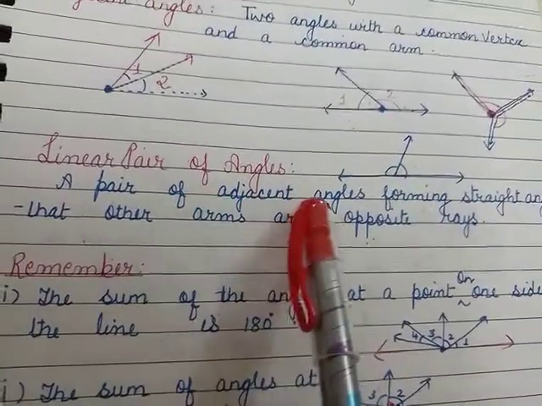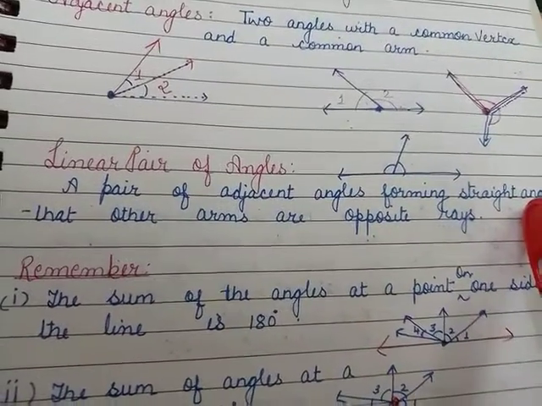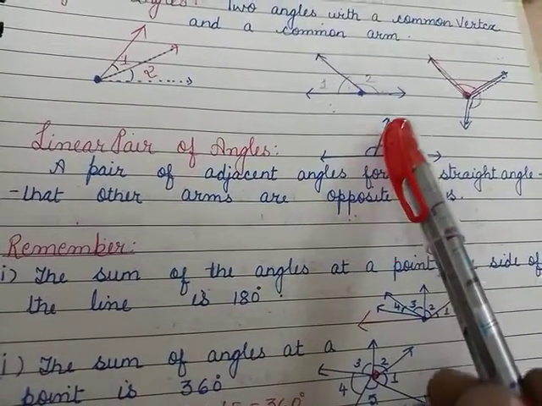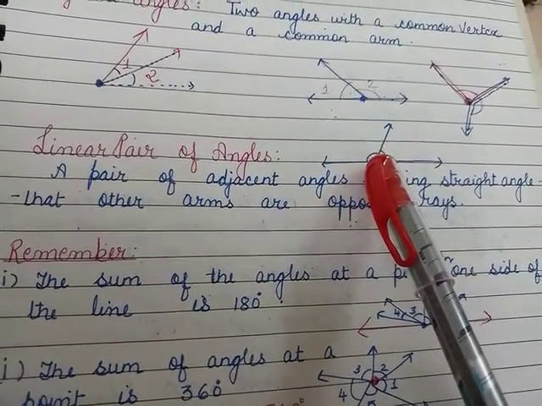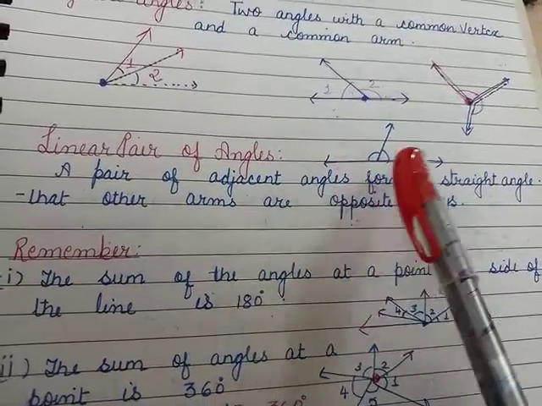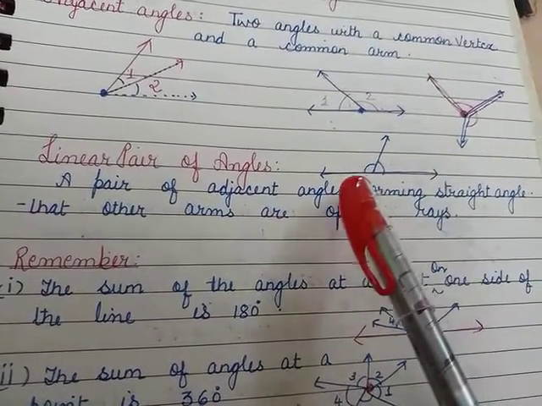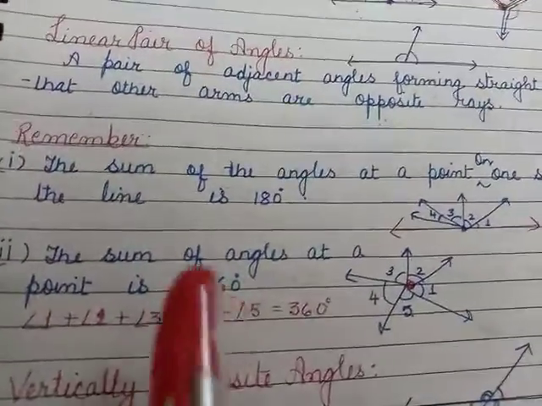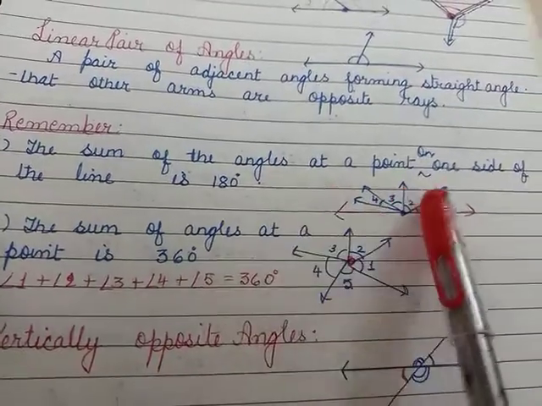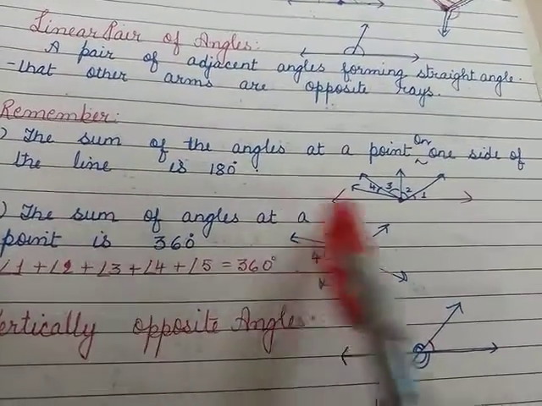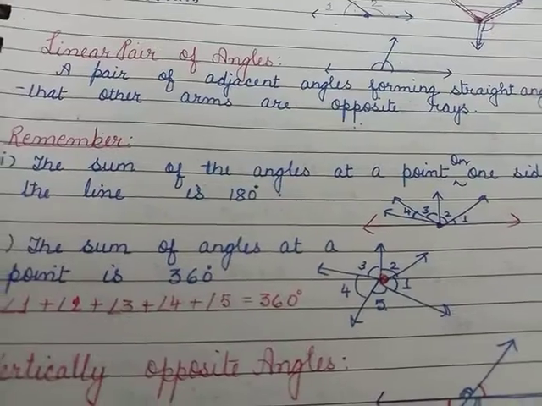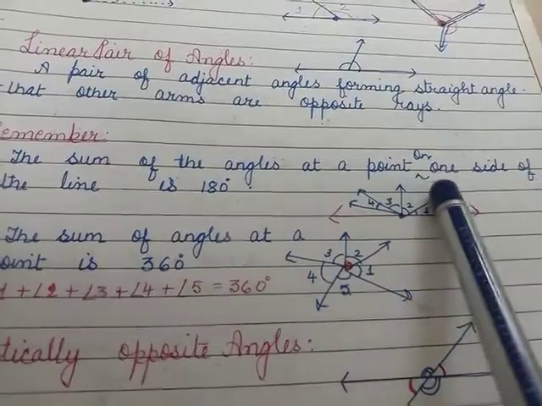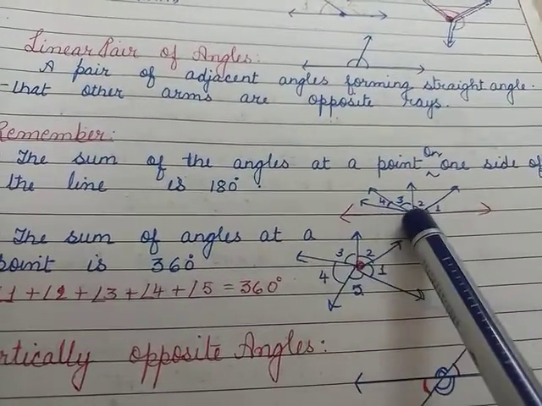A linear pair is a pair of adjacent angles forming a straight line such that the other arms are opposite rays. See, they have one arm in common and the other arm of both the angles is in the opposite direction, that is, opposite rays. Then remember, students, the sum of angles at a point on one side of a line is 180 degrees.